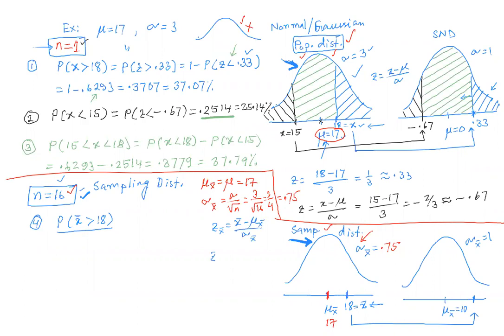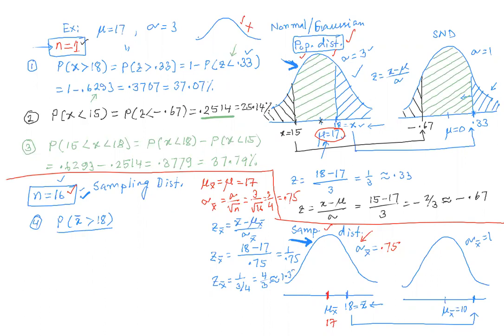So z sub x bar is equal to 18 minus 17 over 0.75, which is 1 over 0.75, which is 1 over 3/4, which becomes 4/3, which is approximately 1.33.